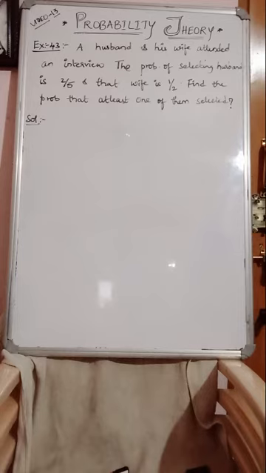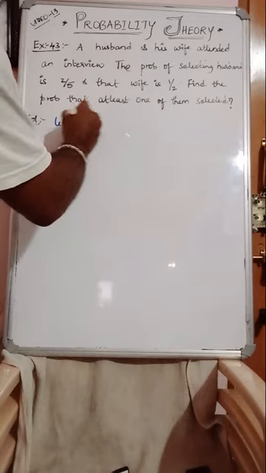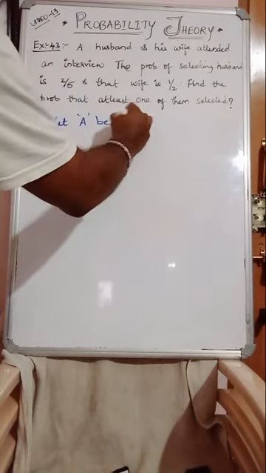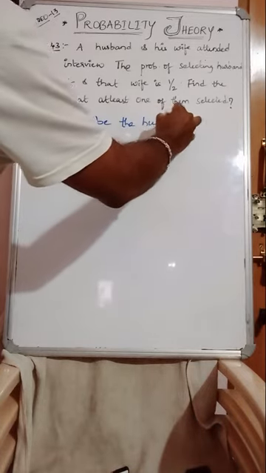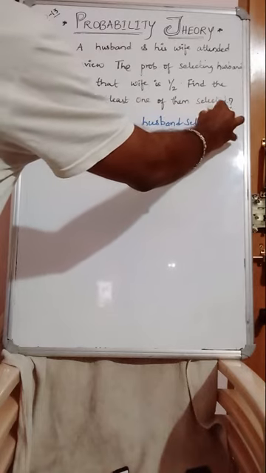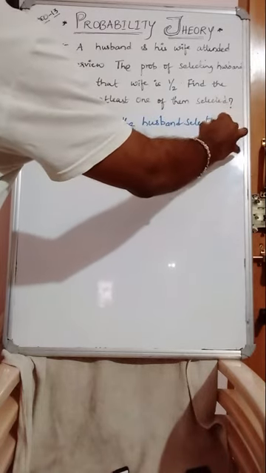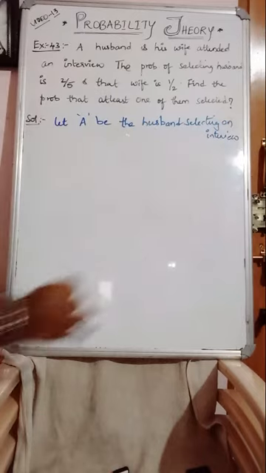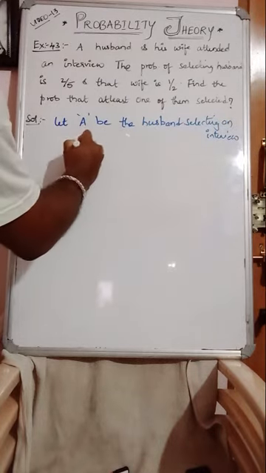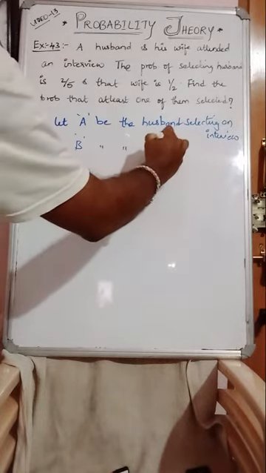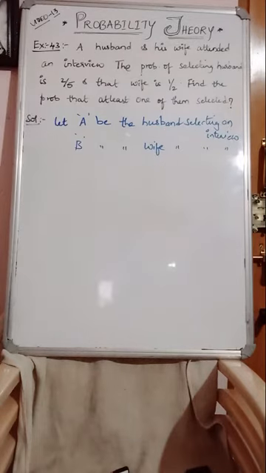So there is a connection through the interview. Then at least one of them means either A or B. So first let us consider, let A be the husband selecting an interview, right? And B be the wife selecting an interview.